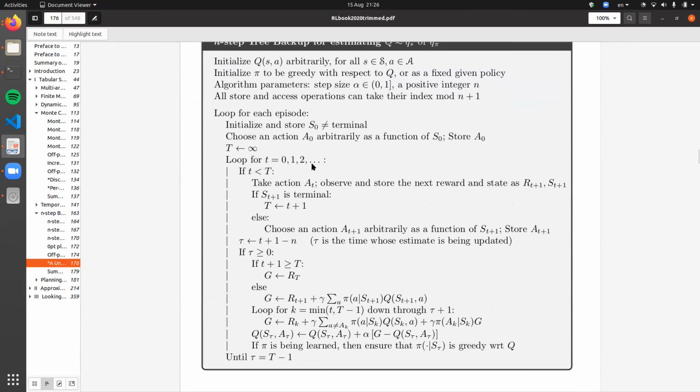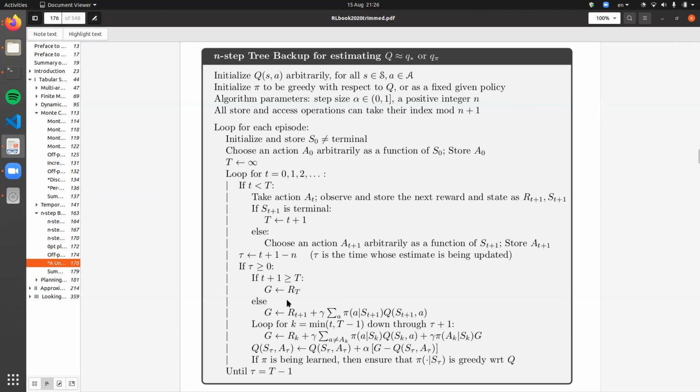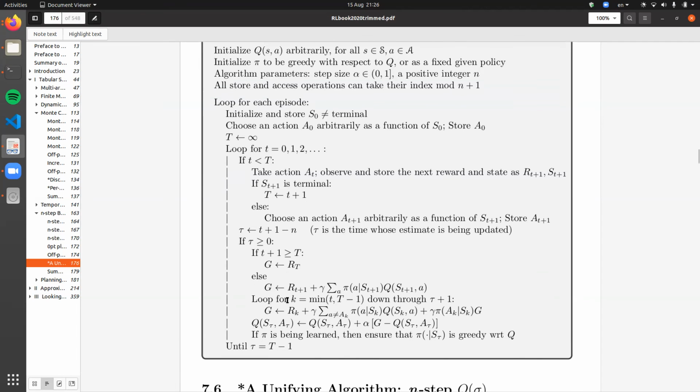Okay, and here is the algorithm for the tree backup and n-step tree backup algorithm.